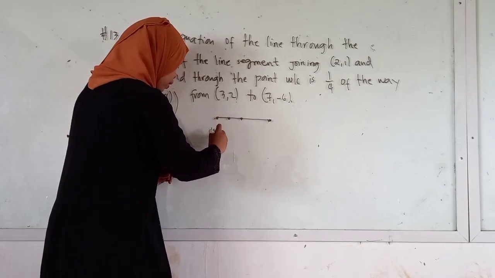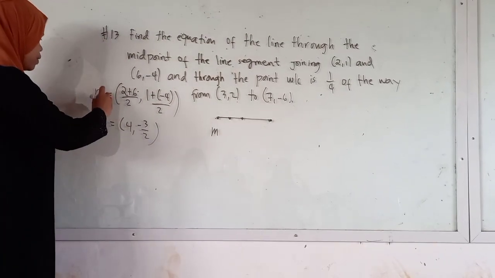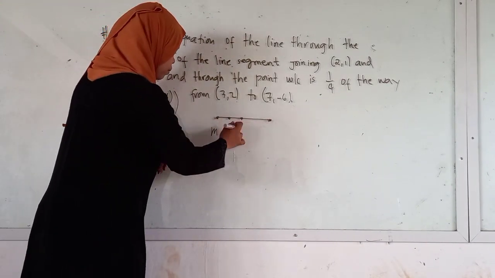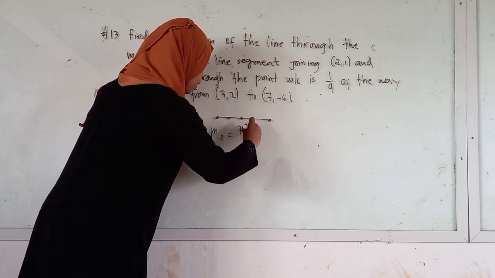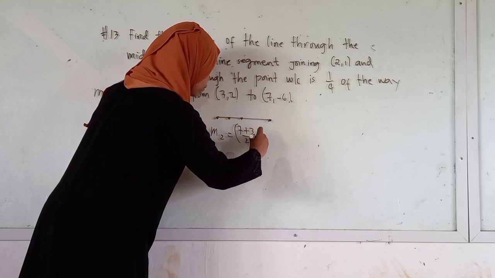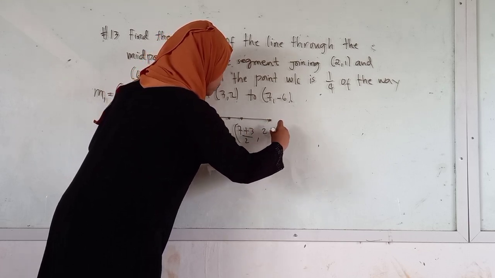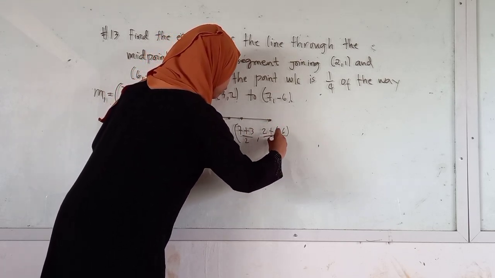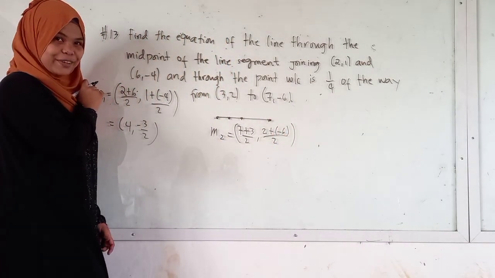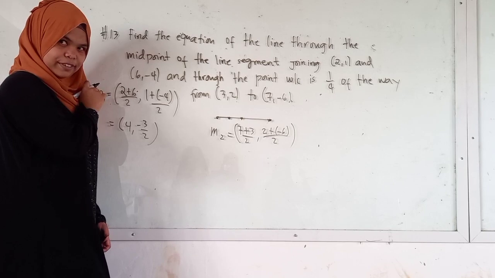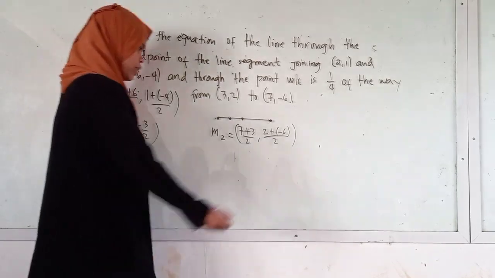So, ang example natin, M sub 1 to, tapos itong M sub 2. So, 7 plus 3 over 2. 2 plus negative 6 over 2. Kapitigan po na sa exam na huwag kayong gagamit ng other notation para hindi po nakakalito sa pag-check.